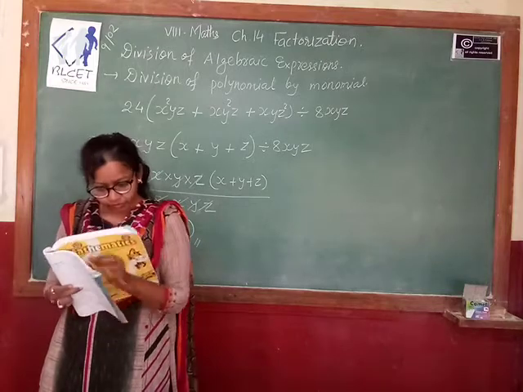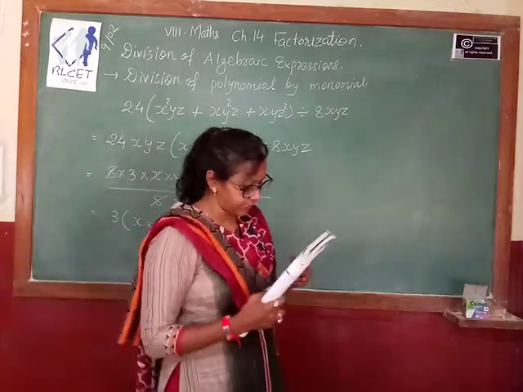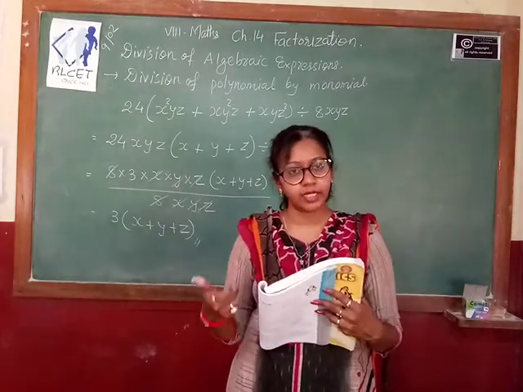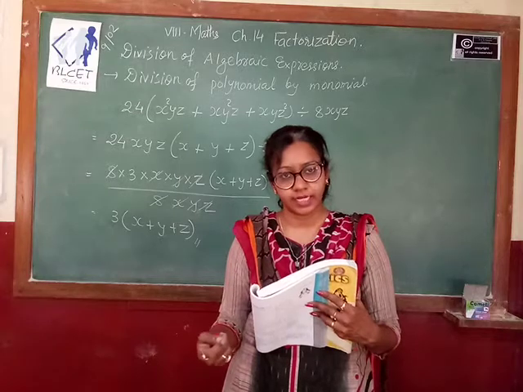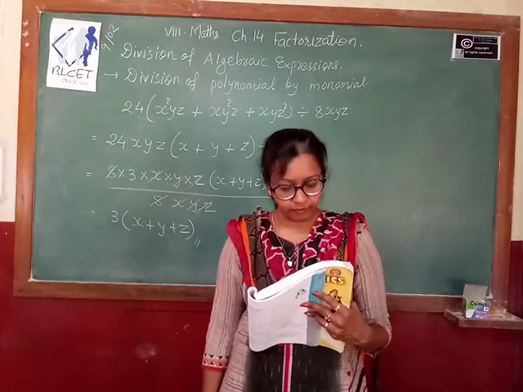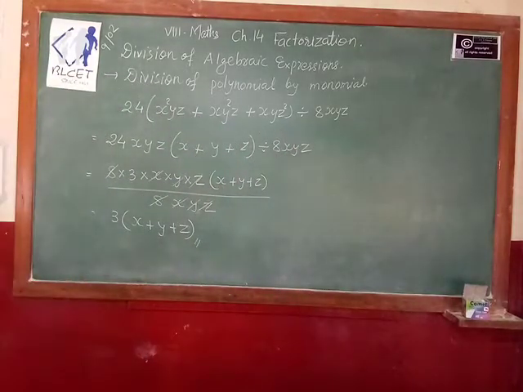Okay. So the second method is also given. If you see in your textbook, page number 226, multiply the 24 with the whole bracket, then individually take the denominator 8xyz and do the calculation. So this is how you can do the division of a polynomial by a monomial.